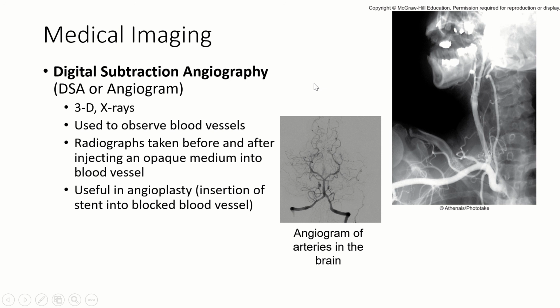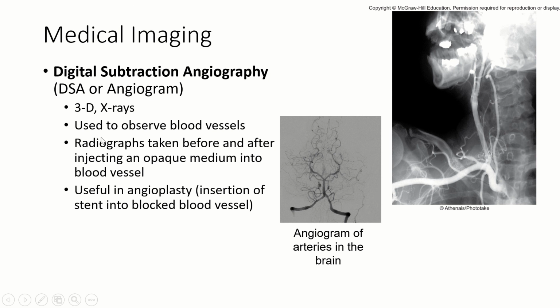This is going to give us a 3D X-ray of blood vessels, which is very, very vital if, for example, someone is having a heart attack and you need to find out which blood vessel in their heart is blocked, or if you suspect someone has an aneurysm, which is a weakening of an artery that might burst. You can actually see where that weakening is.